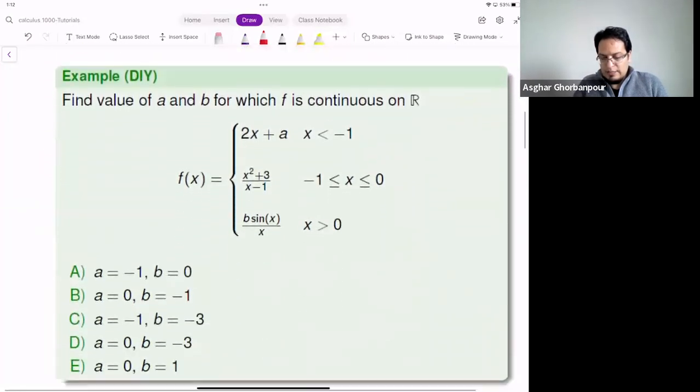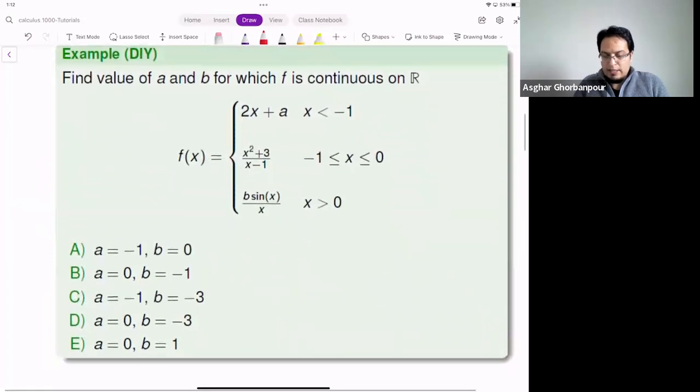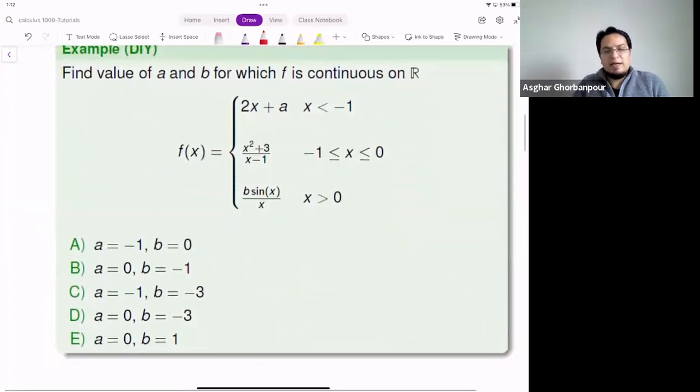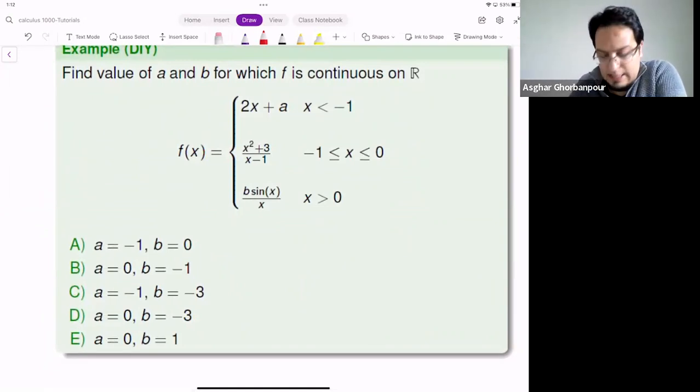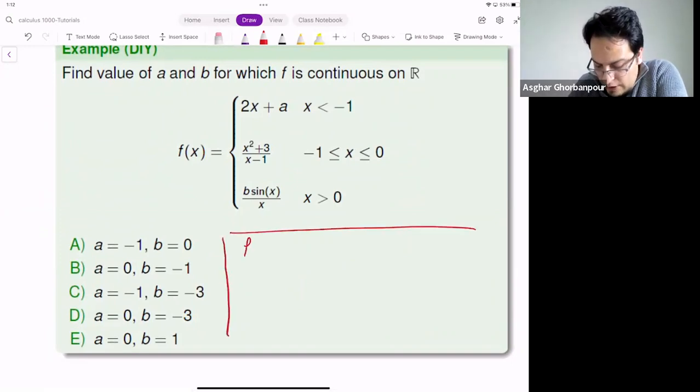Let us do one example here. This is a piecewise defined function. The first thing you notice is that for x less than -1, the function is given by 2x plus a.